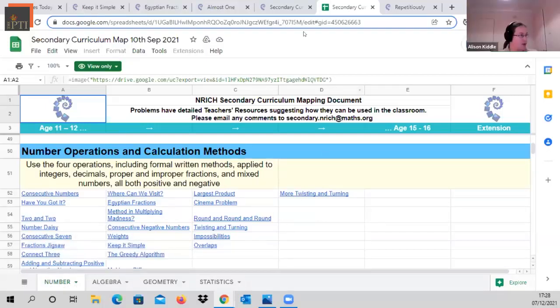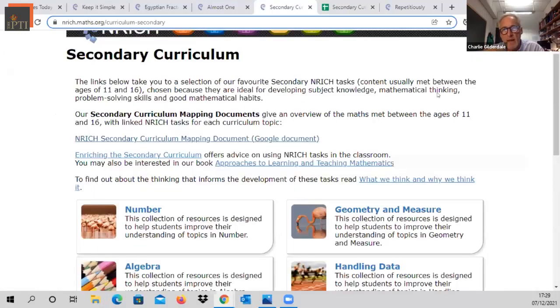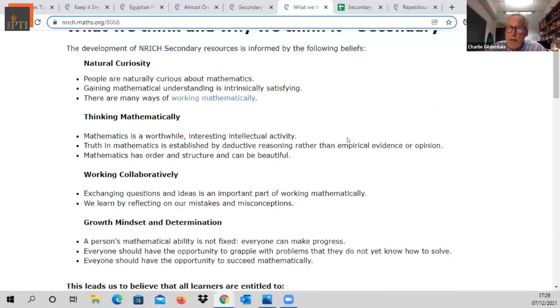So we've shown you a fraction of the fraction problems that we would recommend, but for a more extensive list, the secondary curriculum mapping document page is the one to go to. It's also got a nice set of resources on enriching the secondary curriculum, and Alison and I also gathered together some of the resources that influenced us most, and we've got a what we think and why we think it page.